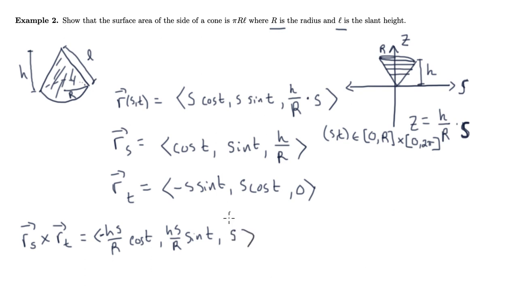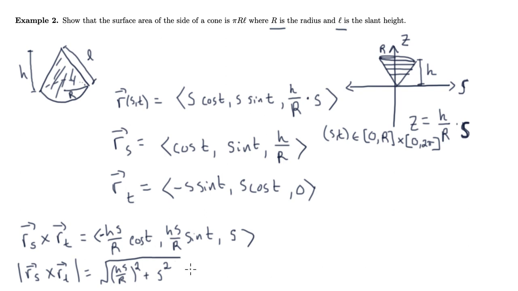All right. And now if we look at the magnitude of this cross product, then we just square all the components. But notice that this is just going to be this squared times cosine squared plus this squared times sine squared. So this is going to be the square root of hs over r all squared, like that, and then plus s squared, like that.